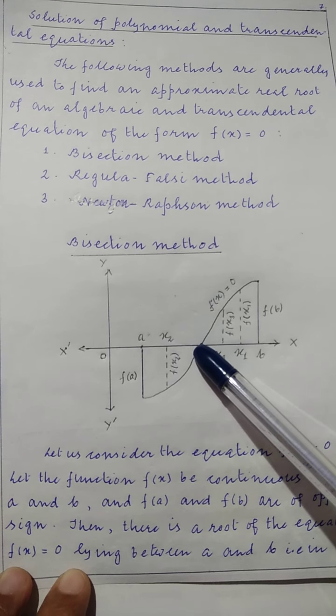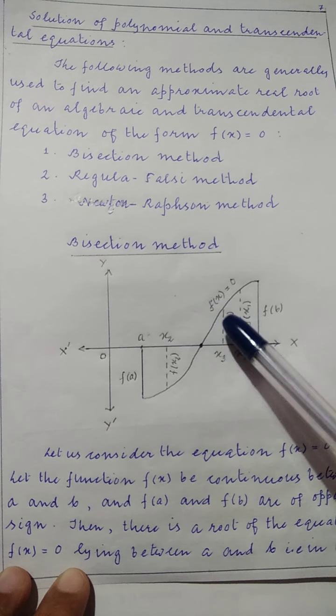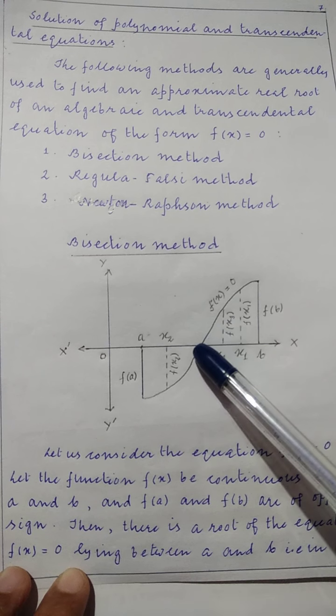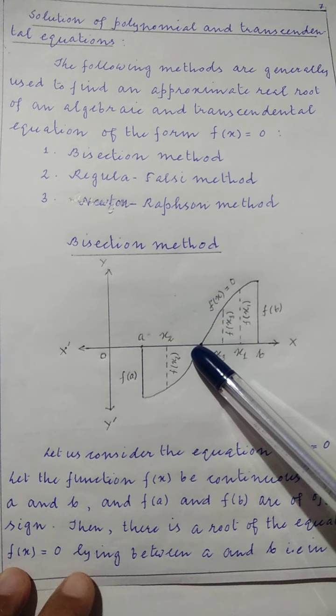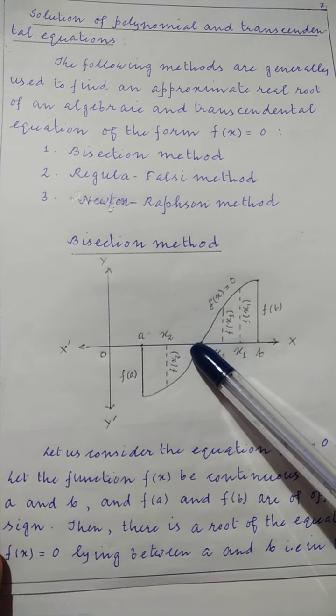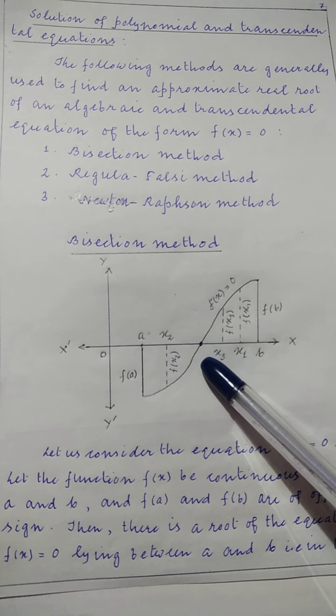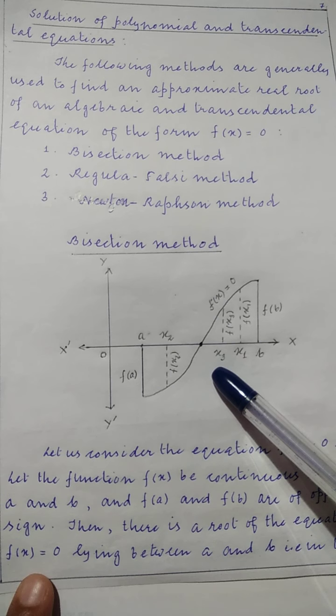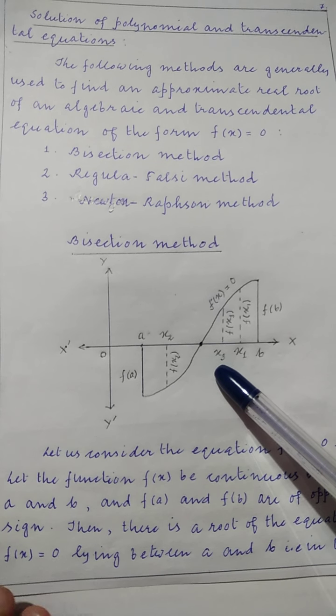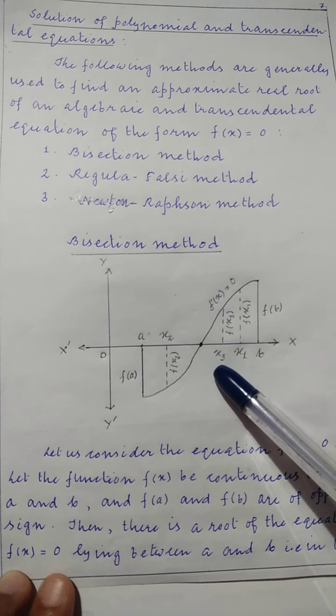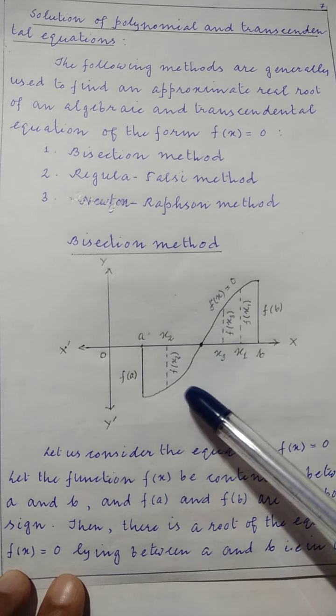That means if you continue the process again and again, it is possible to reach this point. So continuing the process may help you get the root of the equation. This method of finding the root of the equation is known as the bisection method.